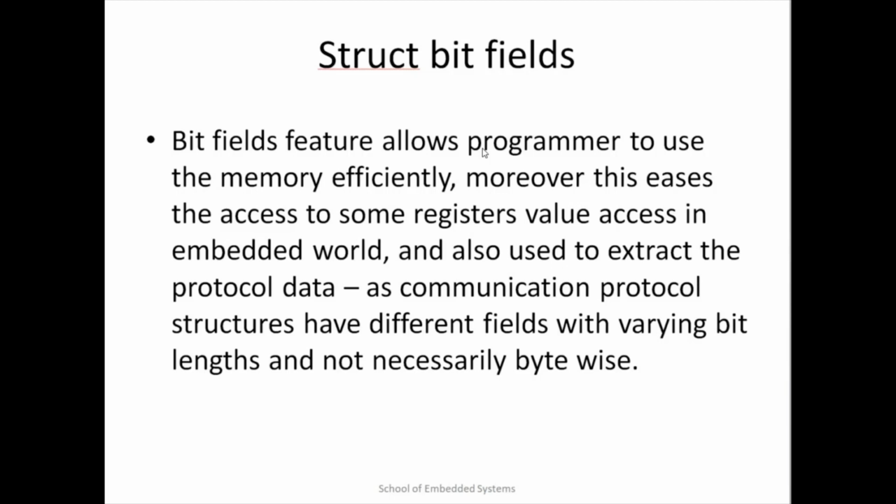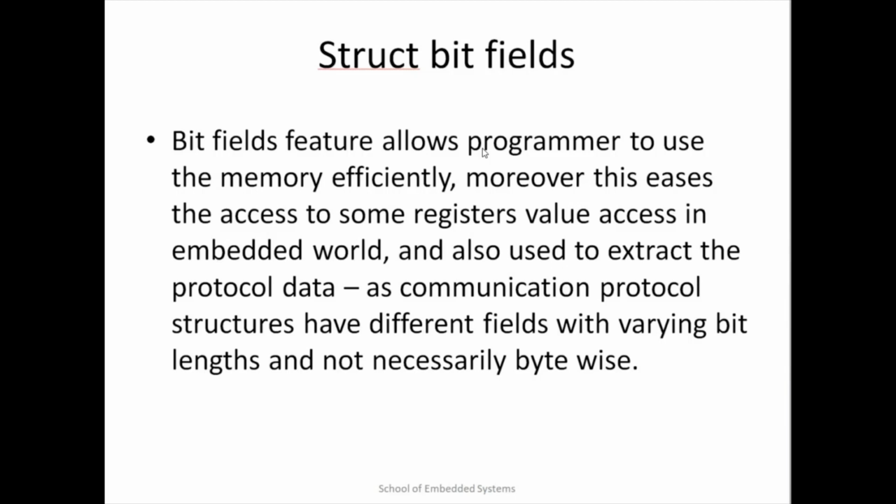I'll take an example later in the C code demonstration. Each register, say a 32-bit field, is subdivided into different fields. Say a status register of 2 bits, a counter of 6 bits, and so on. To access these 2 bits and 6 bits separately, we can make use of bit fields.